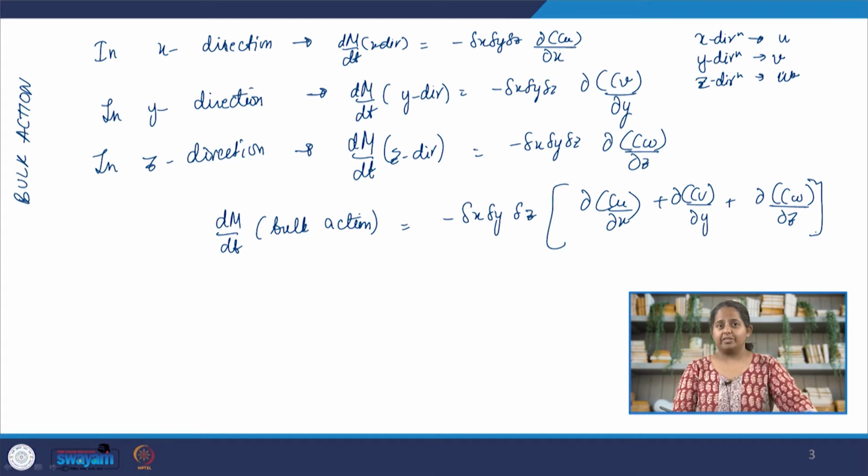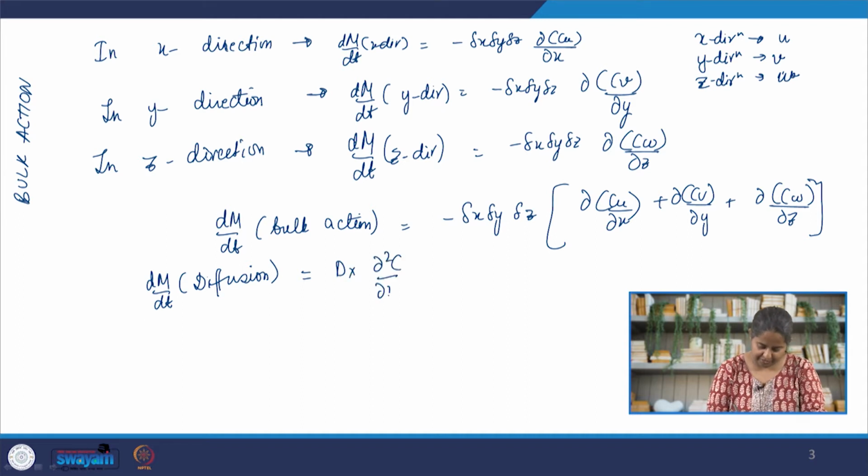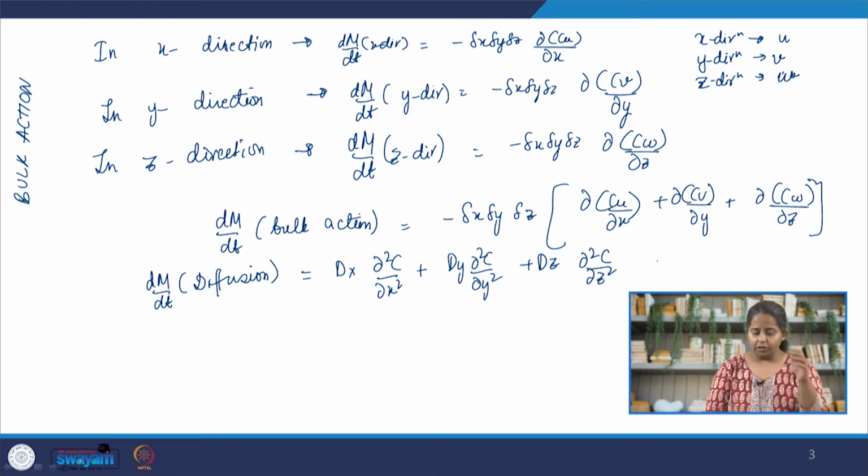Now we are going to put together our equation for diffusion and for bulk action together. So the equation for our diffusion was, so dm by dt due to diffusion are, now notice one thing, there are assumptions that we have made.